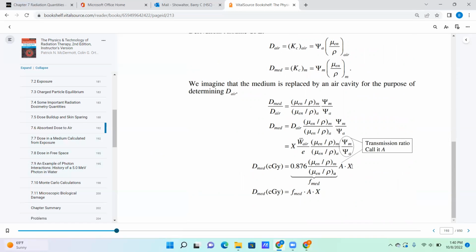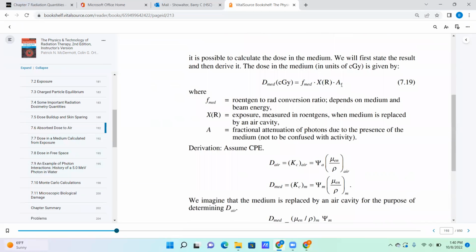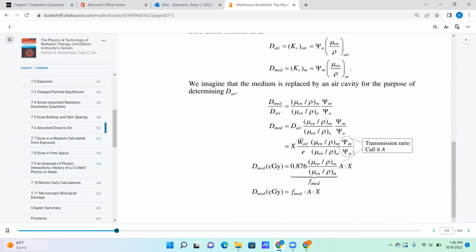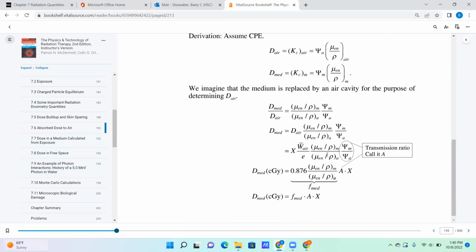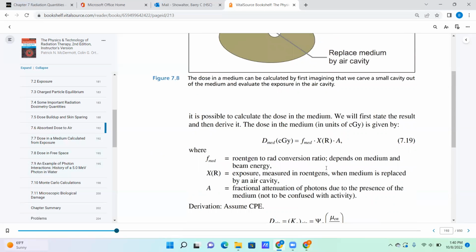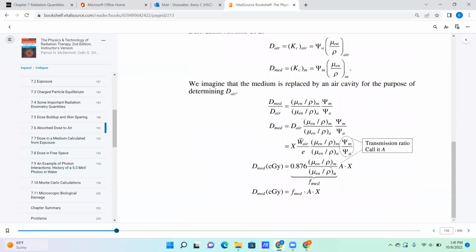All of these values here, let's see, the A and the X are here. The transmission ratio here, I'm trying to see exactly. Okay, so let's see here. All right, so we've got the 0.876.